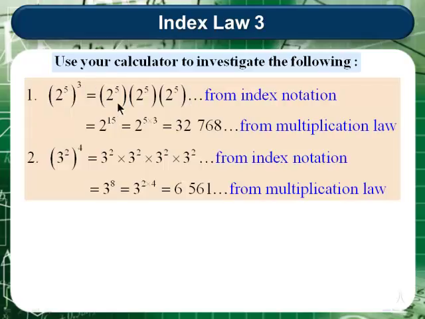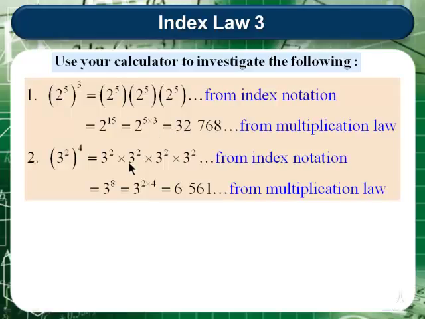And thereafter we have a multiplication problem. So from the multiplication law, which states that if the bases are the same and you multiply, you must simply add the indices, you get 15. And of course, looking back, we see this 15 is really 5 times 3.